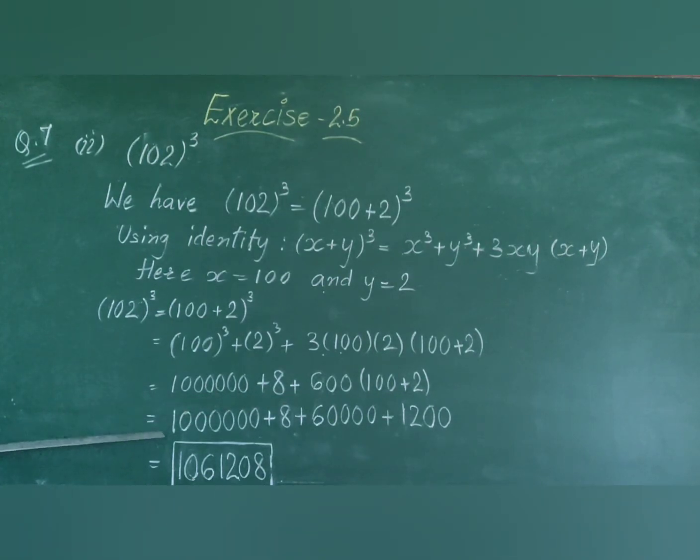Further calculating, we will get equal to 10 lakh plus 8 plus 600 into 100, that is 60,000 plus 600 into 2 is 1,200. Adding all the numbers, we get equal to 10 lakh 61,208. So the value of 102 cube is 10,61,208.